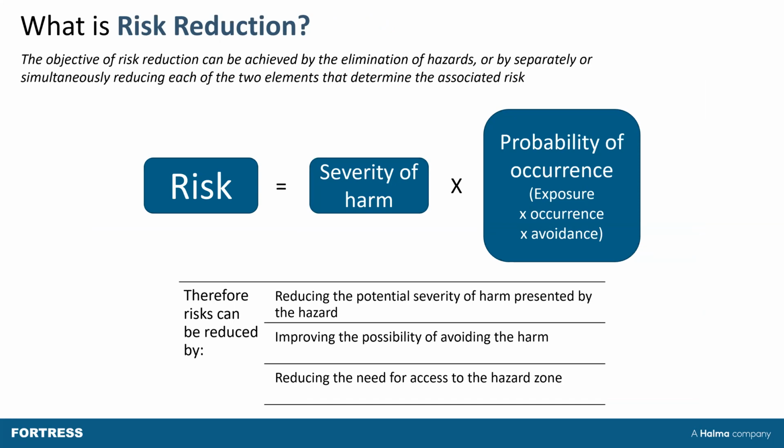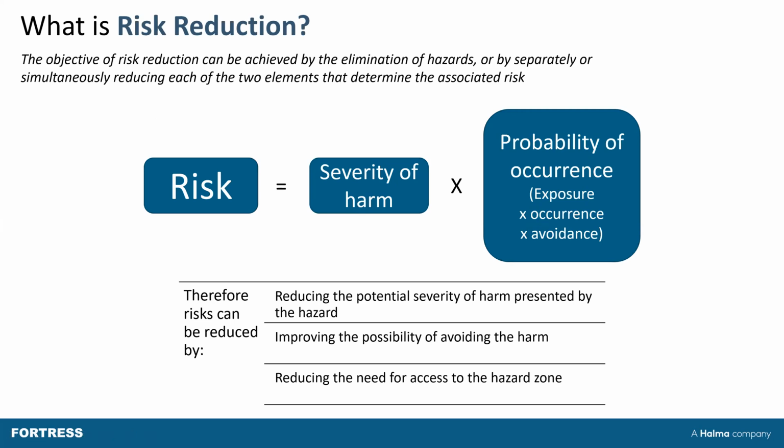So you've done your risk assessment, you've determined that you have some risks which are too high, and so you need to reduce them. In order to know how to reduce a risk, you need to know what risk is, which is severity of harm times the probability of occurrence. Probability of occurrence can be broken down further into exposure, occurrence, and possibility of avoidance, but that all comes into how likely that accident or hazard is to happen, and how badly someone is going to get hurt if it does happen.